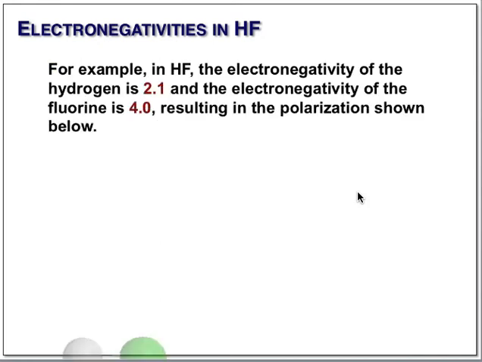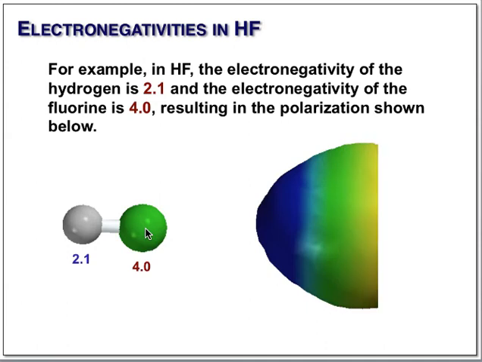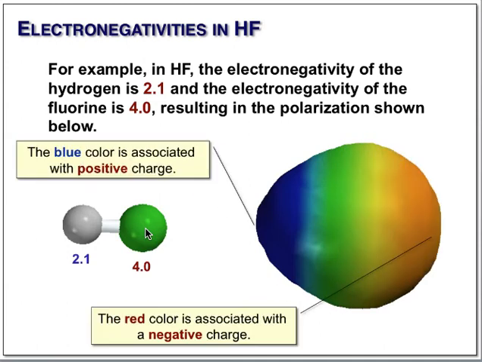If we look at the molecule HF, we have electronegativities of 2.1 for hydrogen and 4 for fluorine. This results in an electrostatic potential map that looks like this. Now remember that in an electrostatic potential map, the blue color represents the absence of electrons or a positive charge.